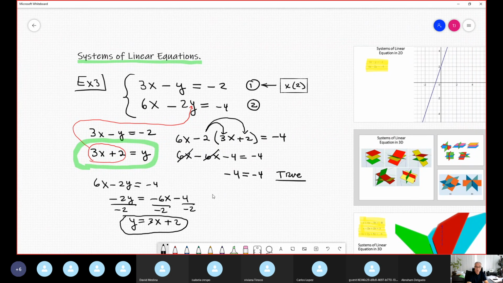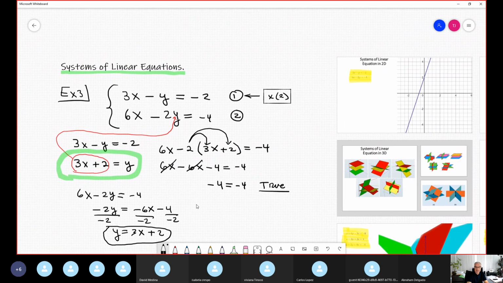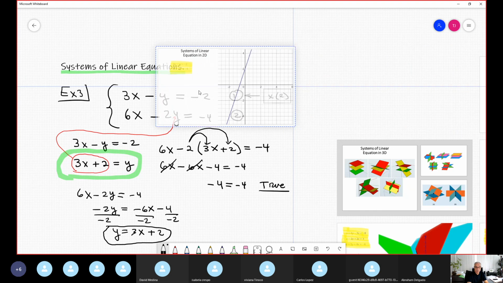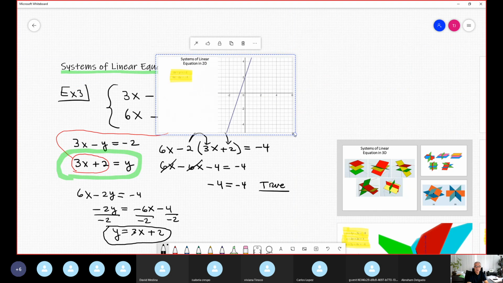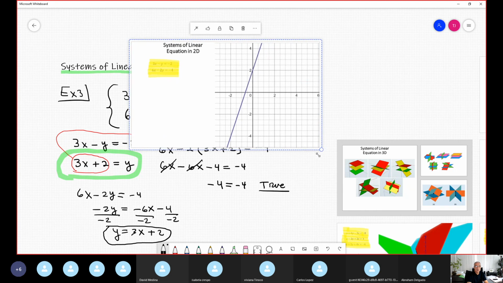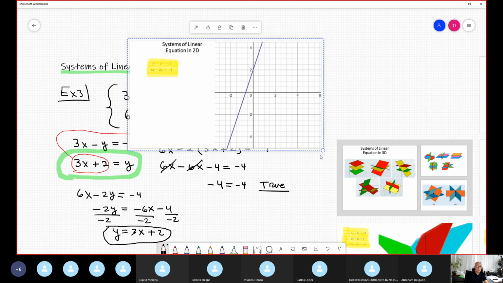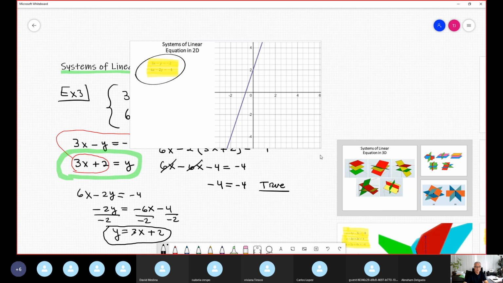Okay, additionally, if you want to see the situation geometrically, because one picture is much better than 1,000 words and 1,000 equations, I bring this slider that contains exactly the same system. When I do the graph, it's obvious that we expect the same line.